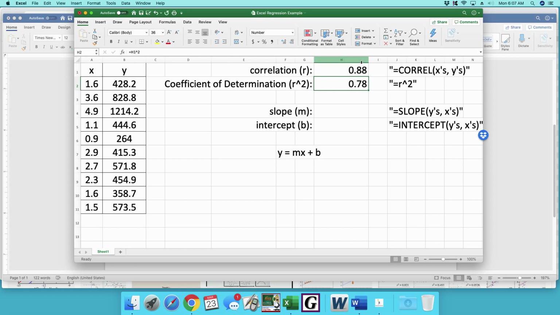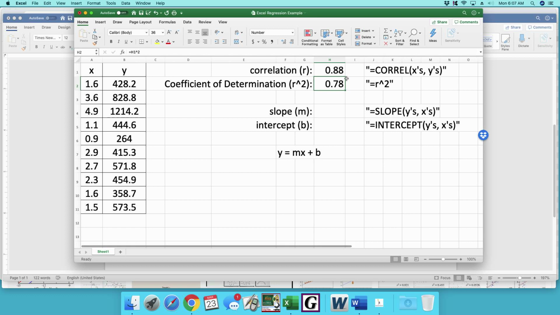Okay, so we made that 2 decimals. So 0.78. 0.78 means 78% of the output is explained by the input, which also means 22% is not explained. So if this was a mathematical model of something very, very important, something like life and death, you would want to try to get a better model because you don't want 22% failures.